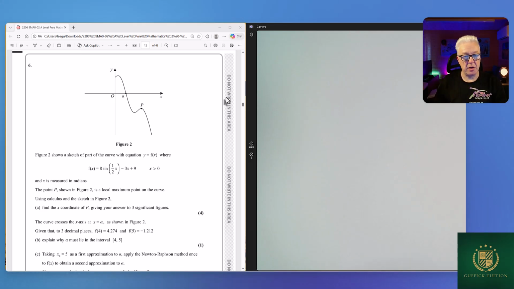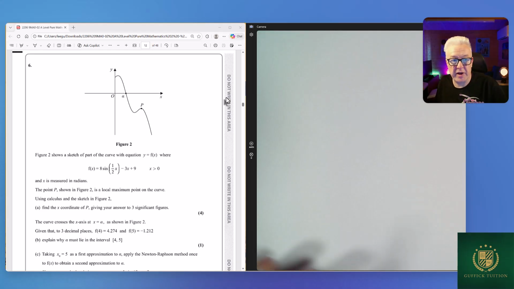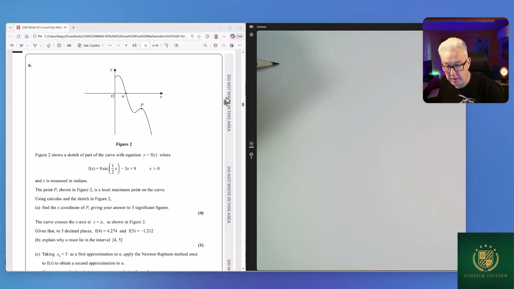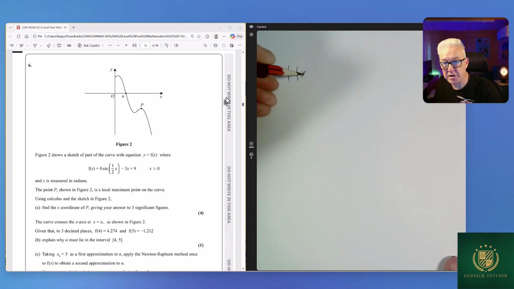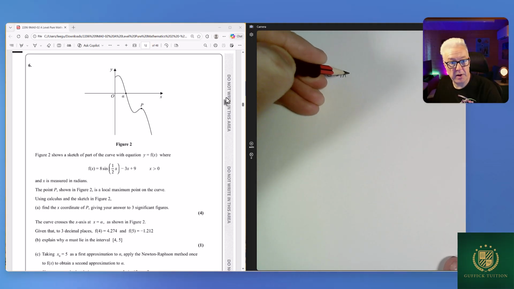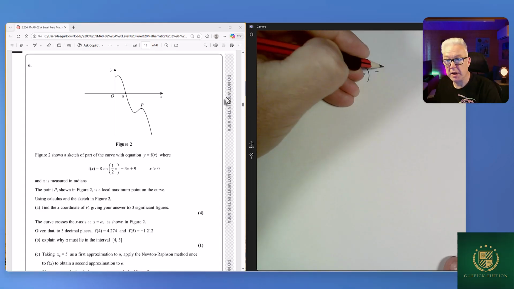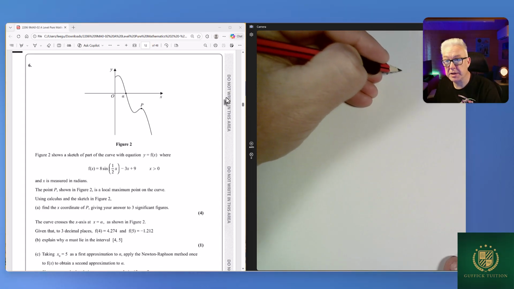So if it's a stationary point, then it's going to be where f dashed of x is equal to 0. Okay, so we need to work out our f dashed of x. So f of x is equal to 8 times sin(1/2 x) minus 3x plus 9.